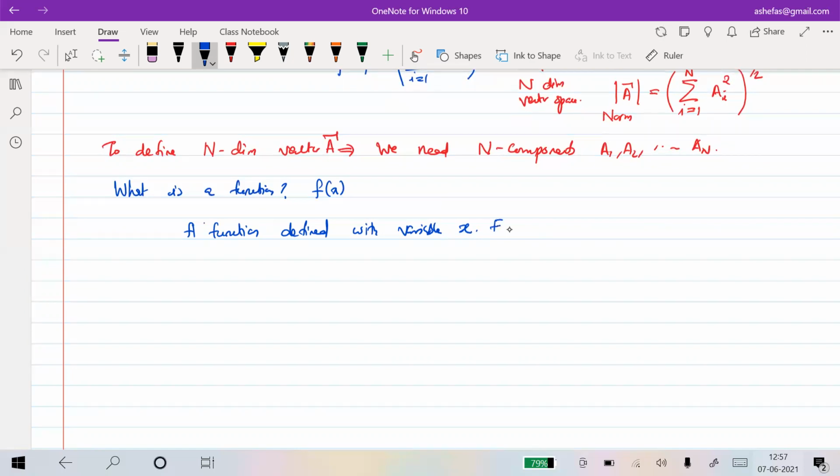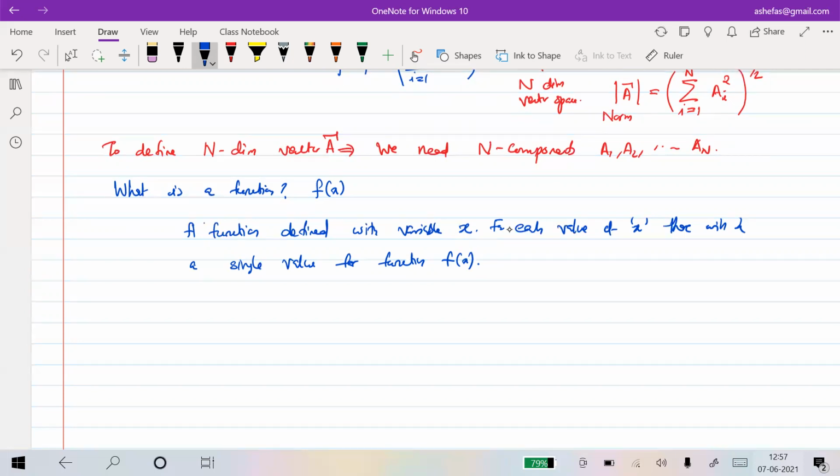For each value of x, there will be a single value for the function f of x. That means this function f of x must be defined at all values of x.